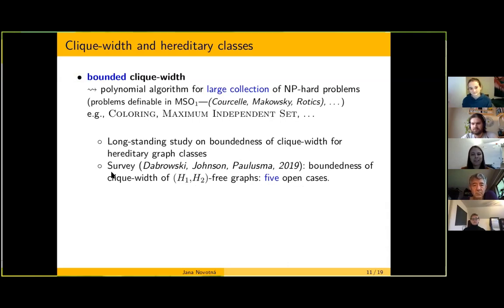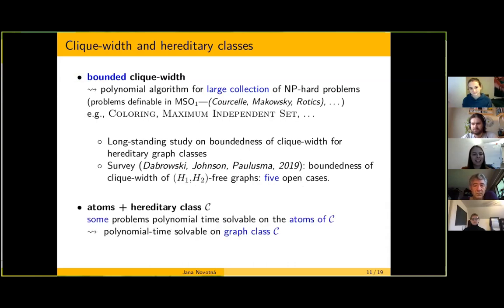But what to do if Clique-width is not bounded? There is another approach: maybe use atoms. I will tell you on the next slide what atoms are.